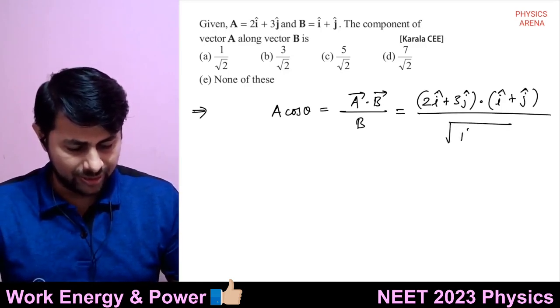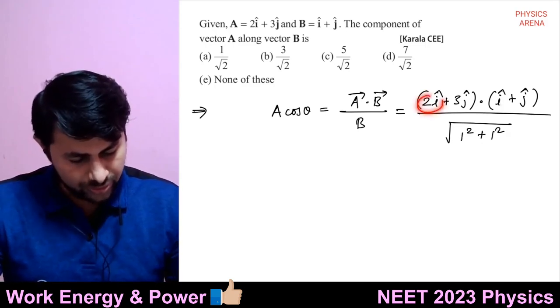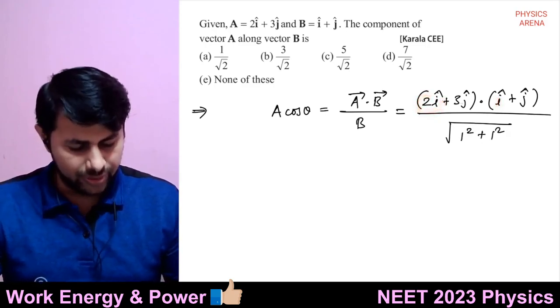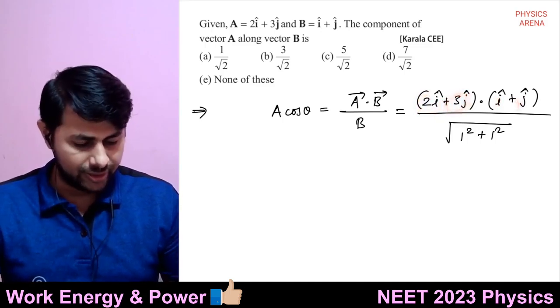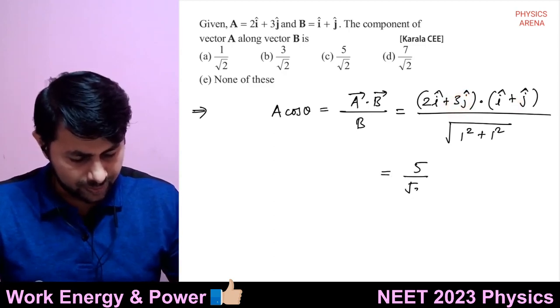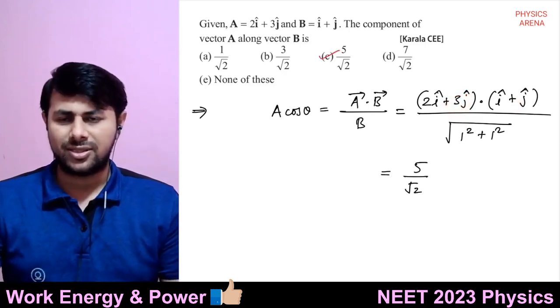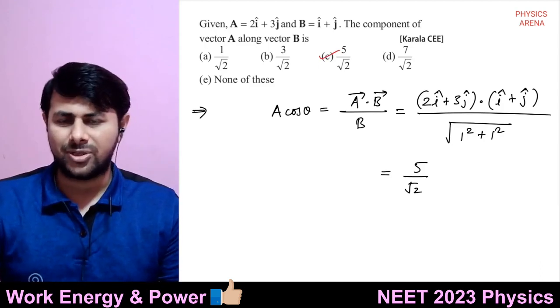So it is 1 square plus 1 square, root 2, right? 2 times 1 is 2, 3 times 1 is 3, so it is 5 upon root 2. Very good. So option C is the answer. So simple to find out components, right?